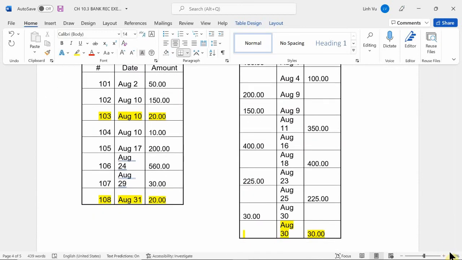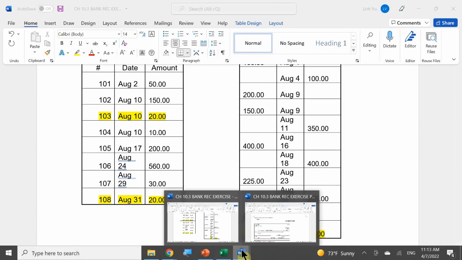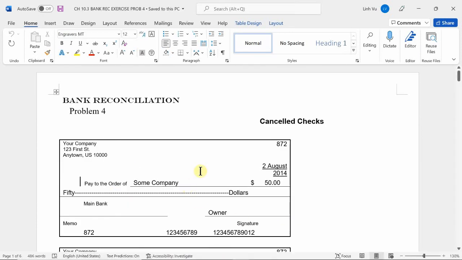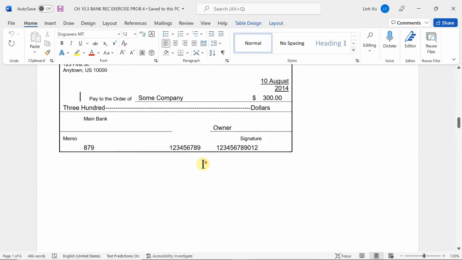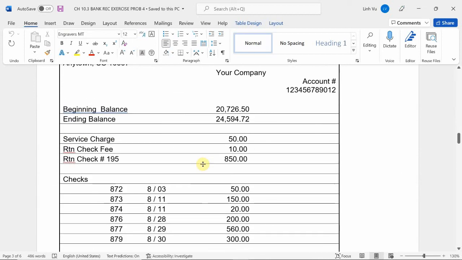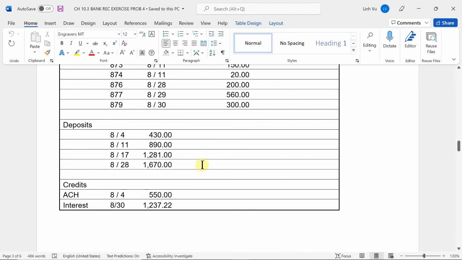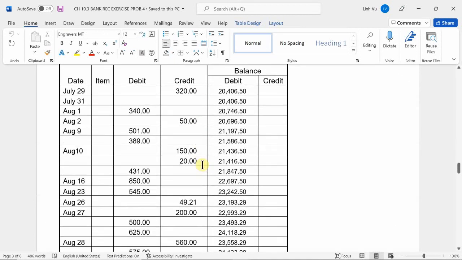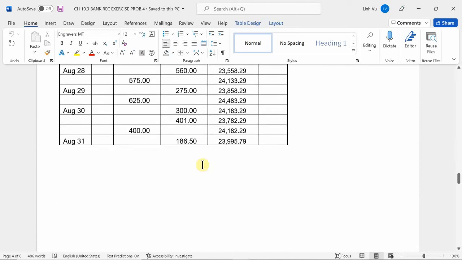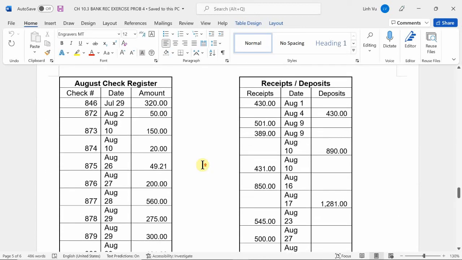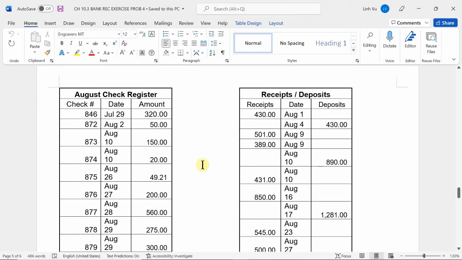No? Okay. Let's do the second one, and it'll be a little harder. The second one is going to be problem number 4 here, so you can ignore those checks. You have a copy of your bank statement, a copy of your cash ledger, and a copy of your check register as well as your deposits.